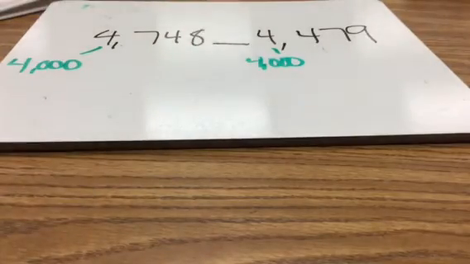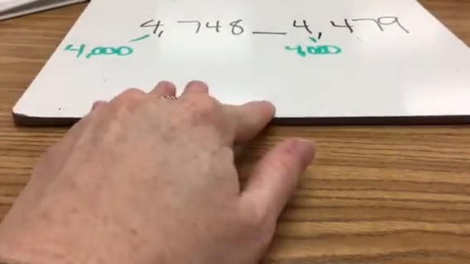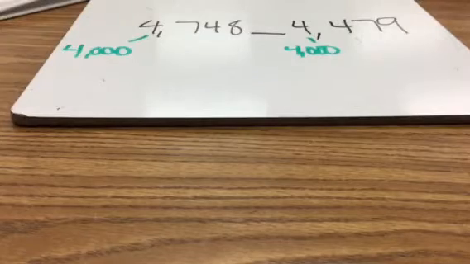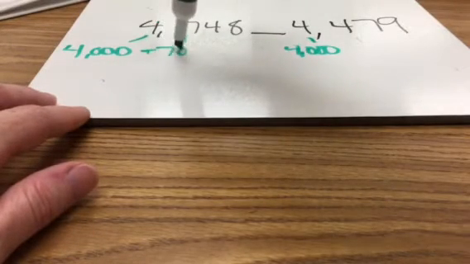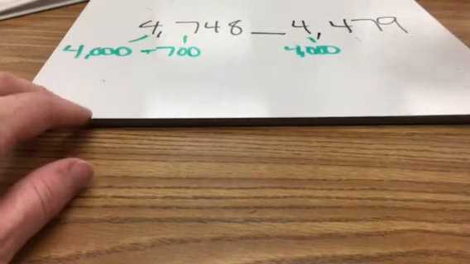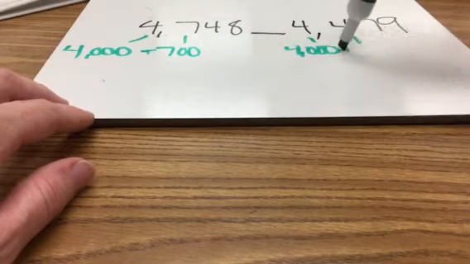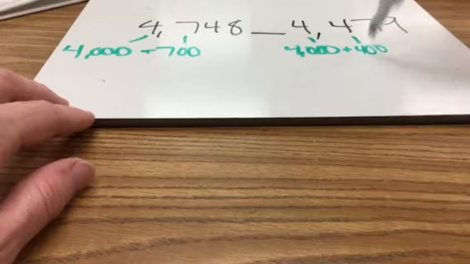The next biggest value is in the, sorry, you can't see that. The next biggest value is in the hundreds place, so we're going to go to the hundreds place. The 7 is worth 700. Here, the 4 is worth 400.